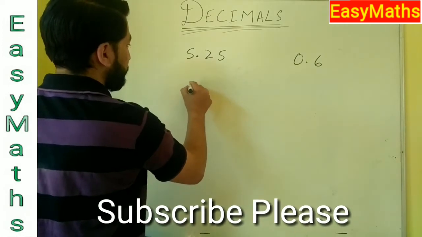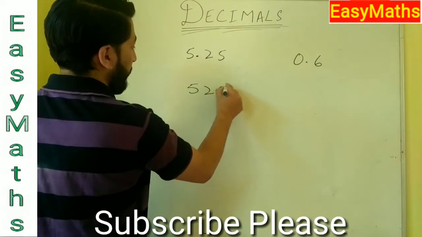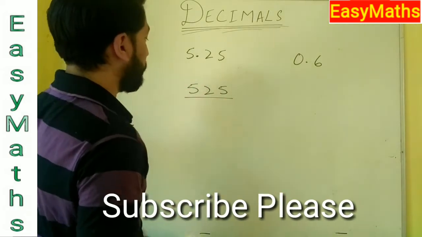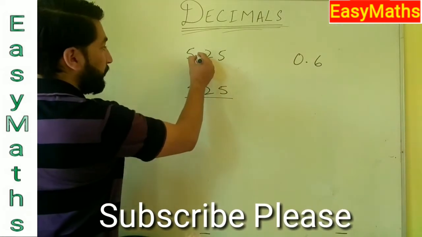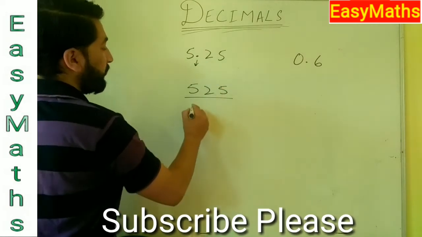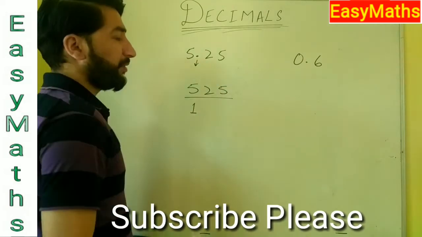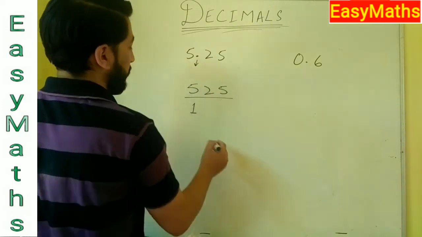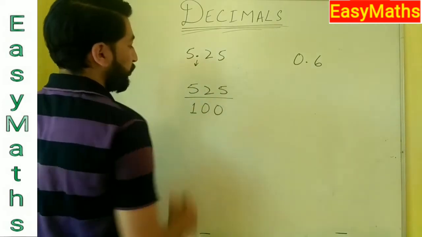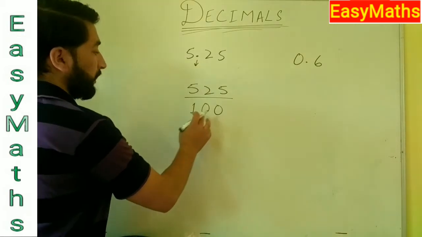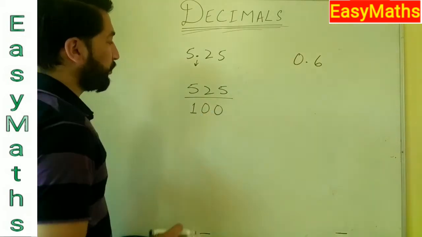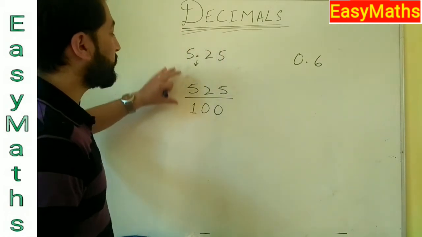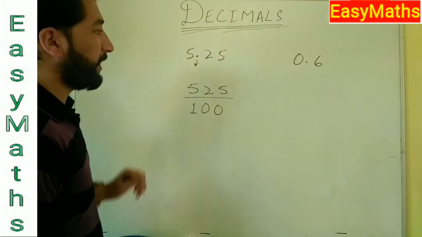We write 525, and we do not write the point again. Instead of the point, we write 1 as the denominator, and then after the 1, we count how many digits were after the point. There are 2 digits, so we write 2 zeros. So for 5.25, the fraction will be 525 divided by 100.